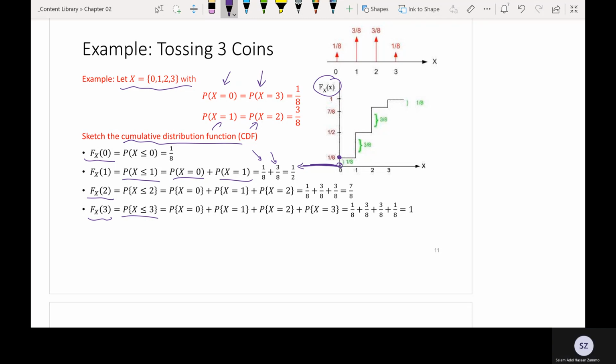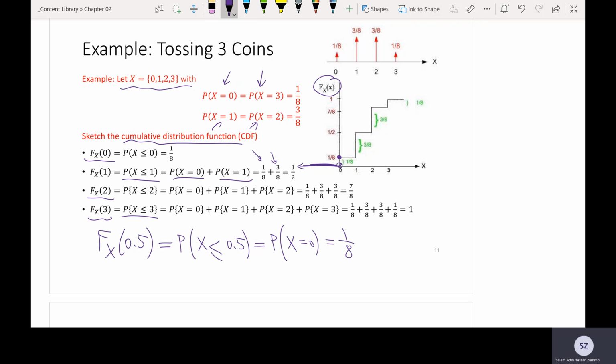What about F_X of 0.5? It's 1 over 8 because it's the probability of the corresponding event, x less than or equal to 0.5, which is equal to the probability that x equals 0, which is 1 over 8. And this stays until 1 over 8.